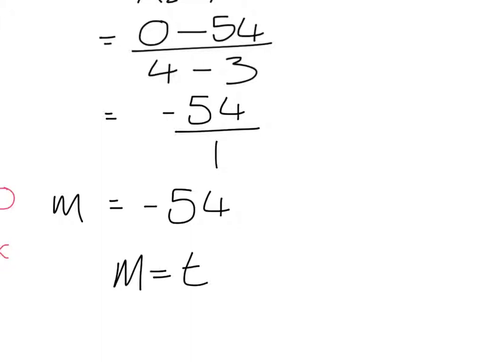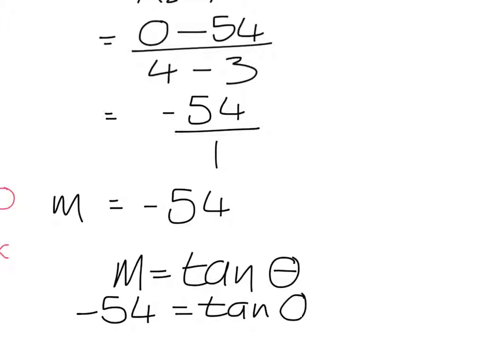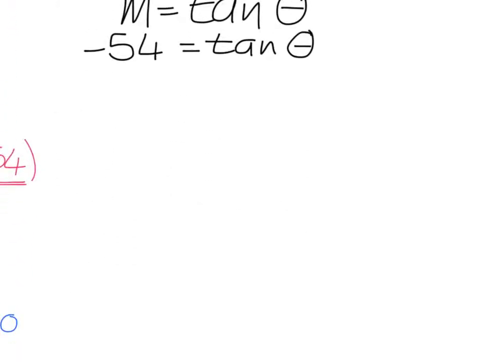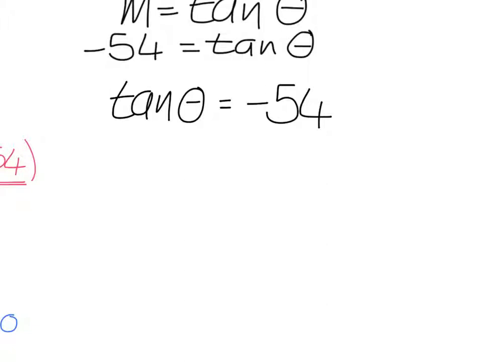M equals tan theta. M is negative 54, equals tan theta. And if we write that round the other way, that simply gives us tan theta equals negative 54.